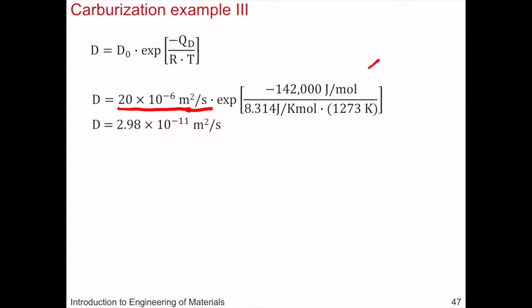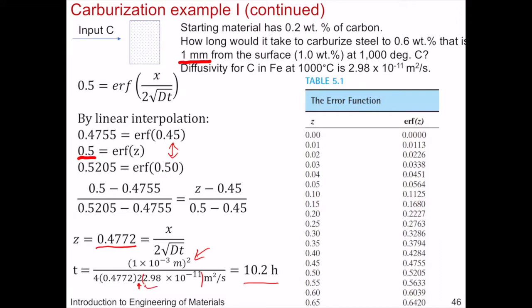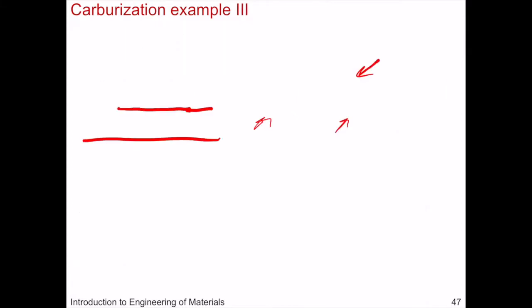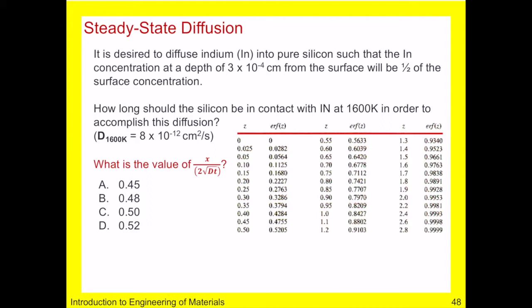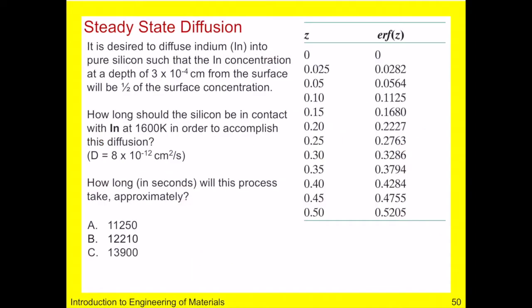And then you plug in the values for the activation energy, the gas constant, the temperature that you're reacting at, and that gives you D. And once you figure out that D, you can plug that into here. Once again, that should be a squared, not just a 2. Okay, so I'll leave this example for you to practice using the error function and looking at data tables.